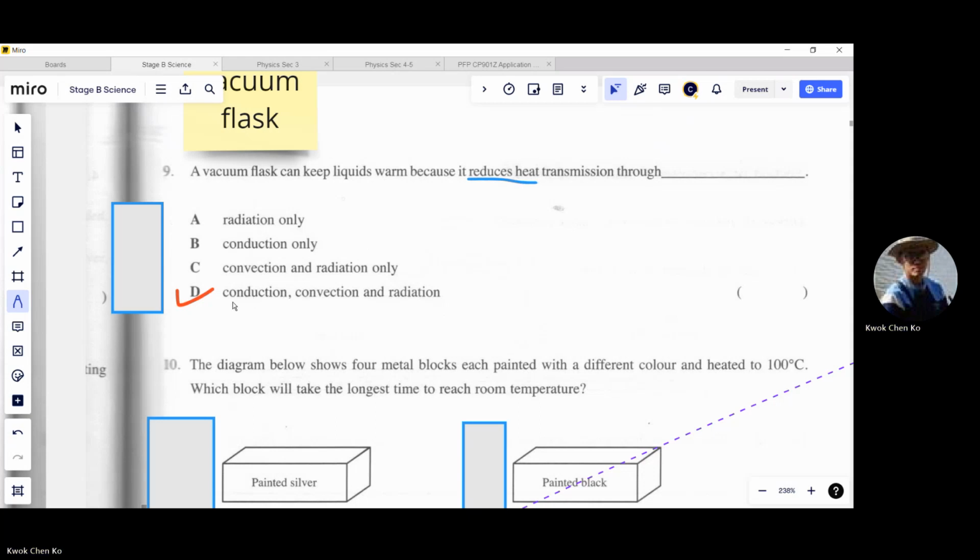Remember, vacuum means no conduction, and no convection. It reduces heat transfer. So there is no conduction and no convection and minimal radiation.